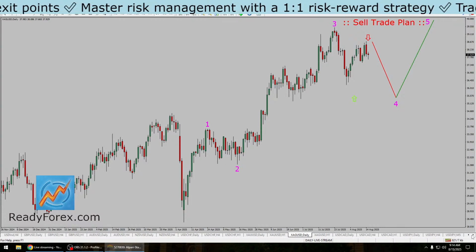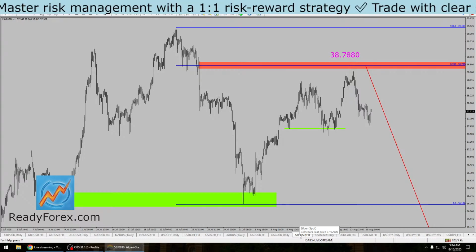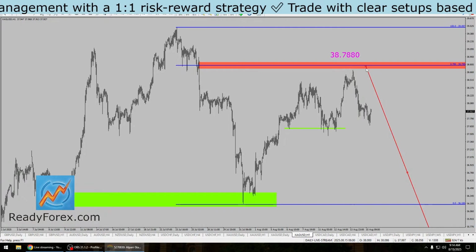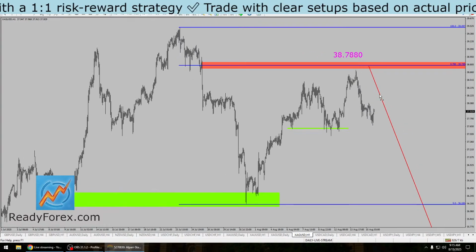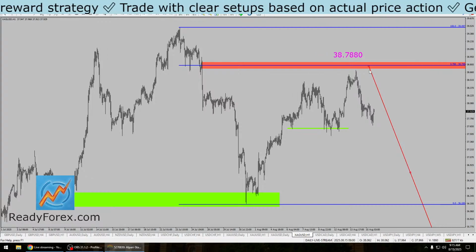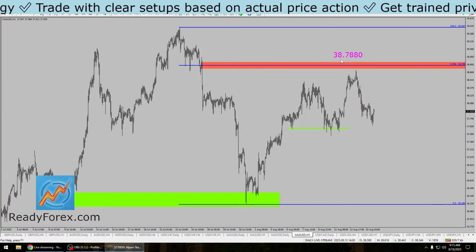Let's go over to 1 hour chart over here. This is the 1 hour chart, and now the way I see market is trying to drop over here, and price action did not hit the 38.7880 area.